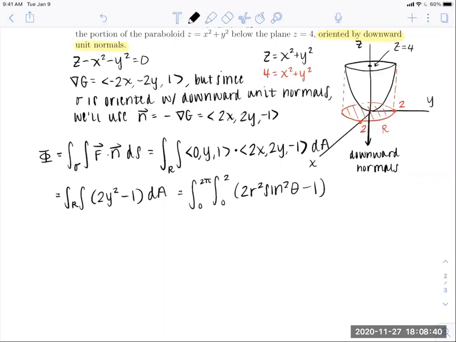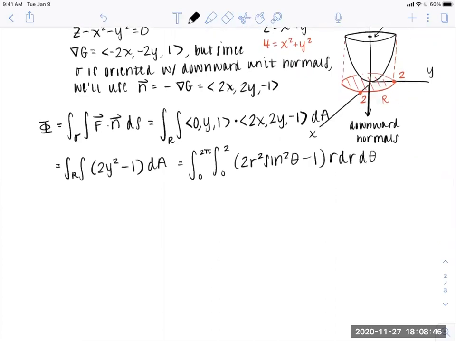And dA becomes r dr d theta. So I'll do one more step here before integrating. Let's just distribute that r in. 2r cubed sine squared theta minus r dr d theta. All right, so now we're able to move forward with integrating with respect to r.